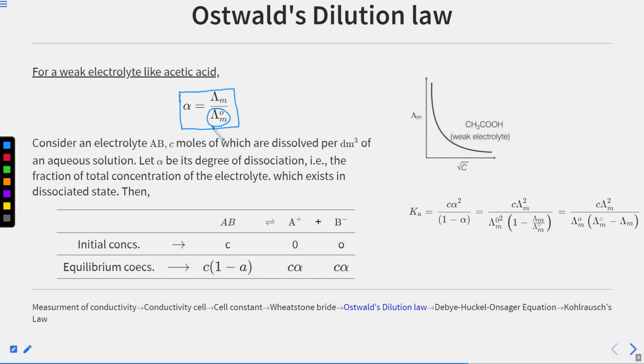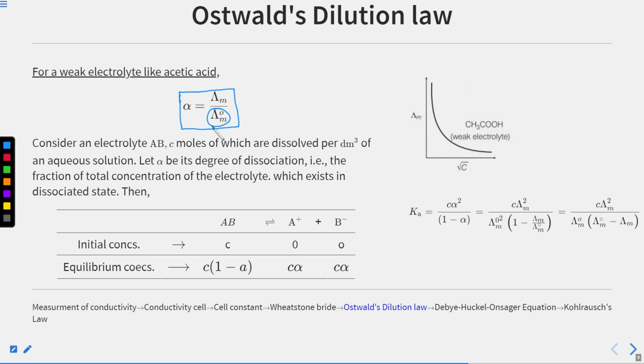Now we take this electrolyte AB and keep it in water, so it will slowly start to dissociate. Suppose the electrolyte we have taken is AB, and C moles of it are dissolved per decimeter cube, which means the concentration is C, because C moles are dissolved in 1 liter.